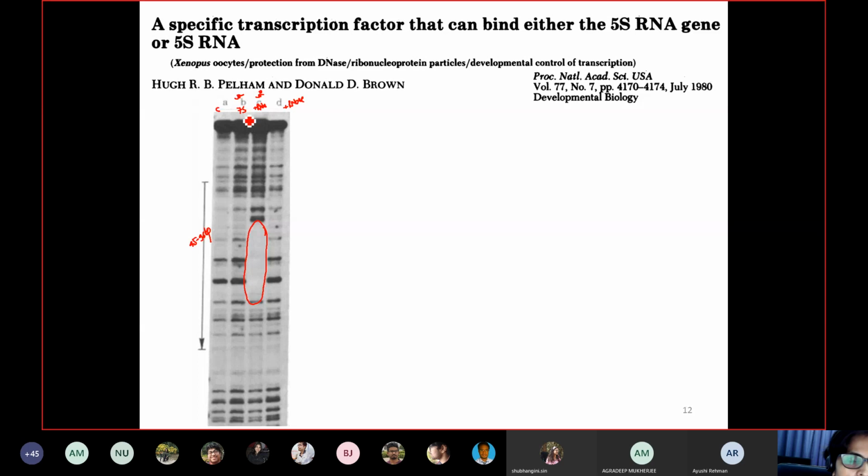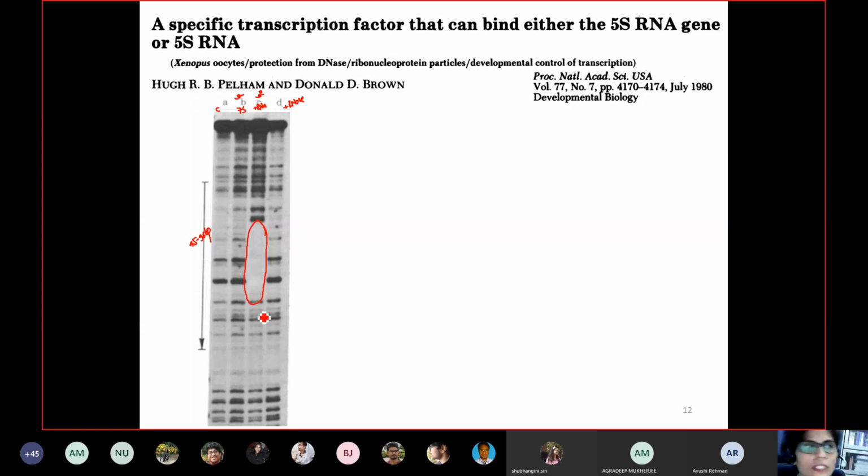So 5S RNP molecule is not able to bind. Only when it is removed from the RNA, this purified protein is able to bind and gives protection, whereas RNase alone is also not able to bind here.